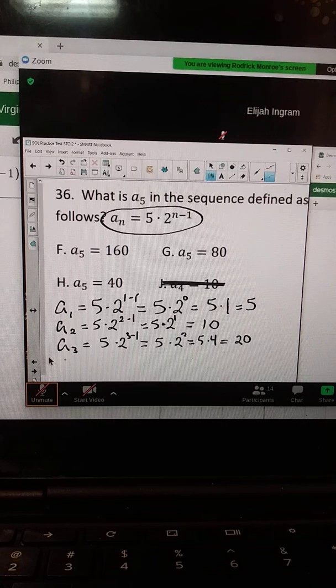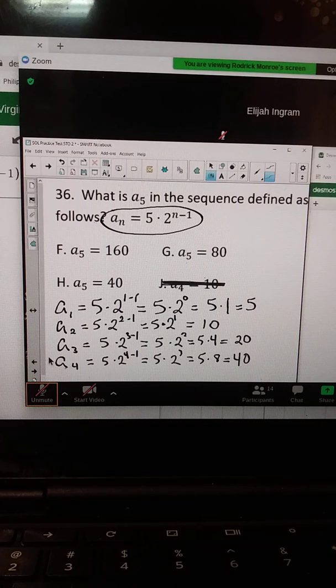I know it's going to be G. 2 to the third power is 8. And now we have the fifth one.